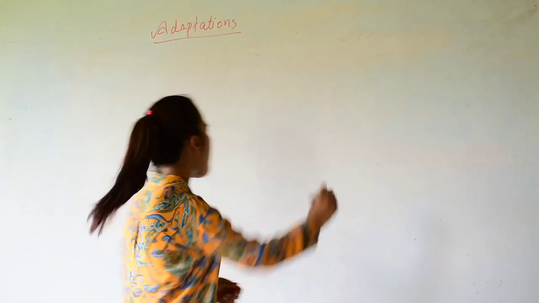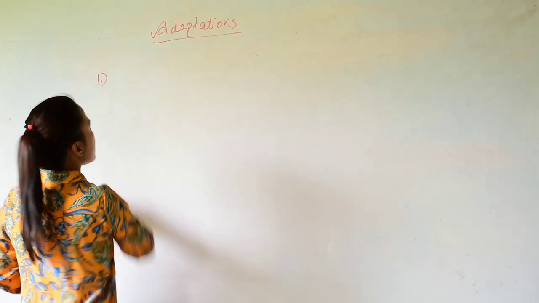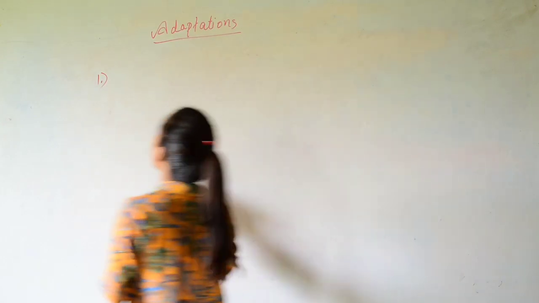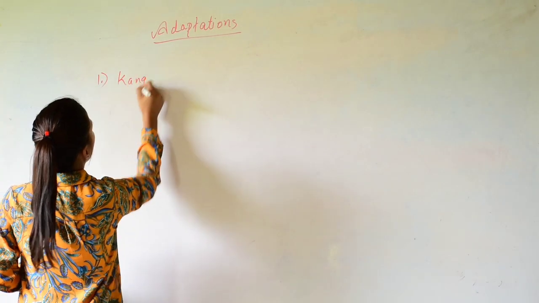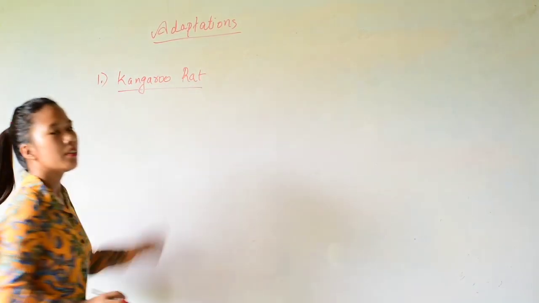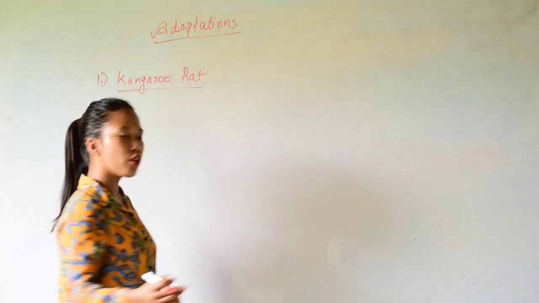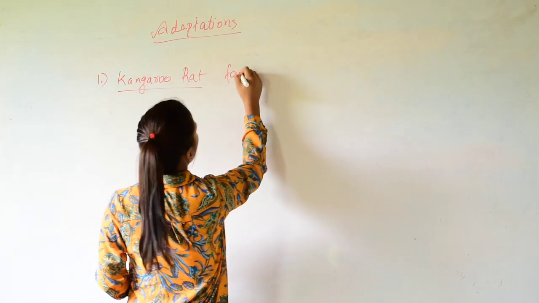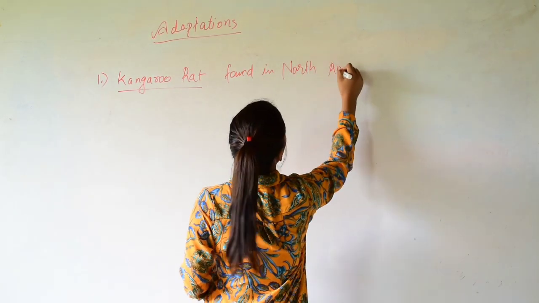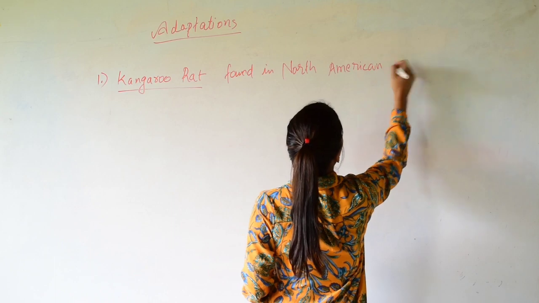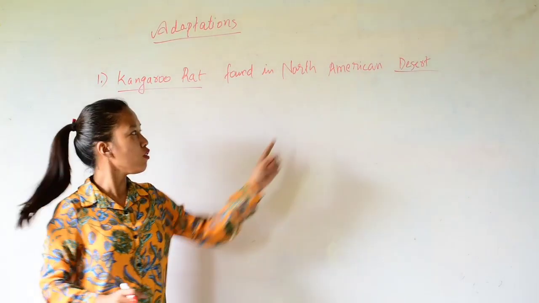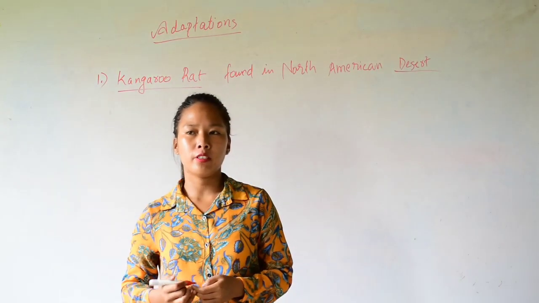The first one is, let us discuss a particular organism, that is the kangaroo rat. This kangaroo rat is found in North American deserts. So we all know that in deserts there's a scarcity of water.